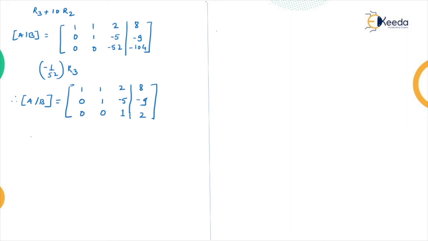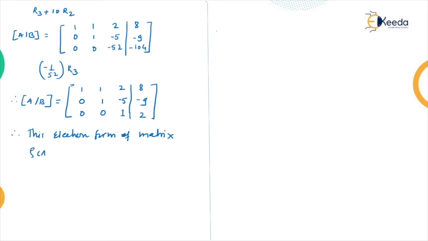So therefore you observe the rank. This is the echelon form of the matrix, and if this is echelon form, you have to observe the ranks.